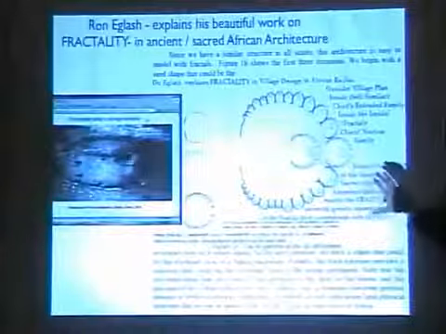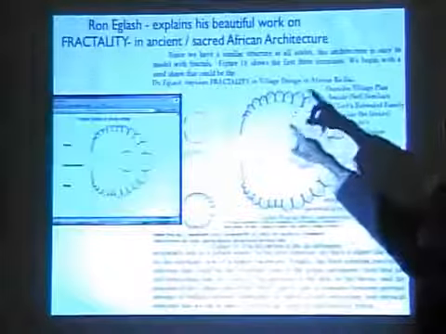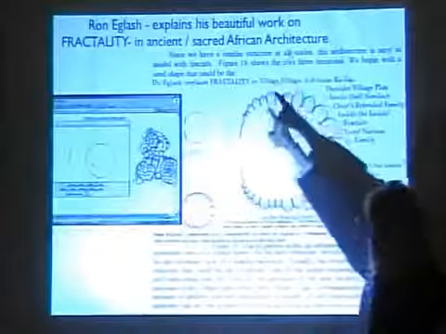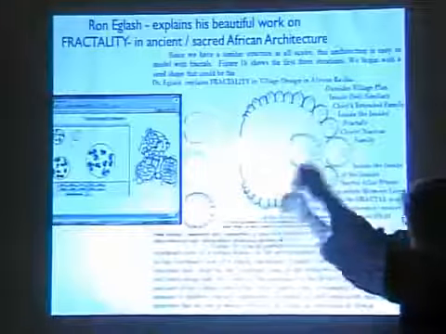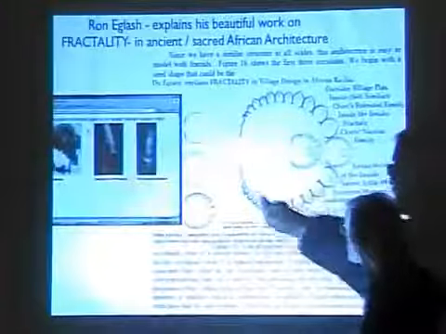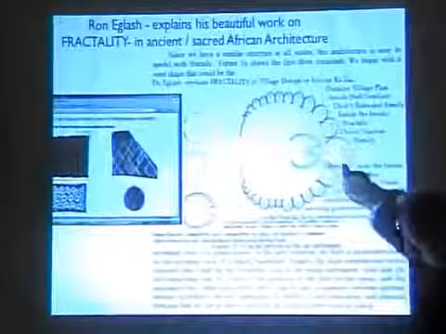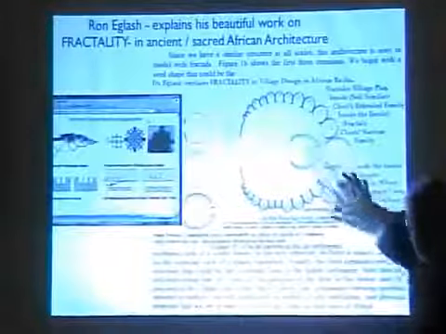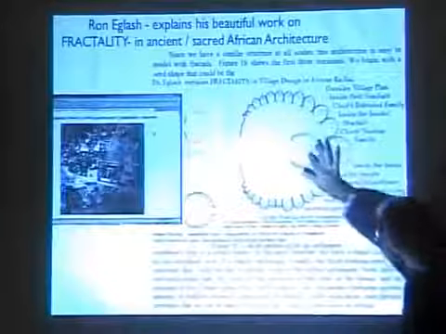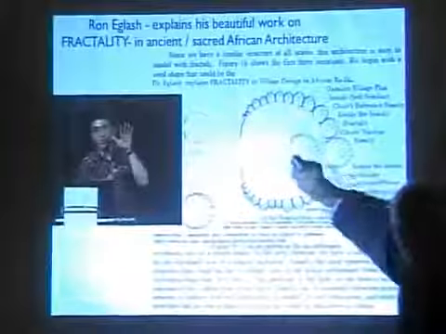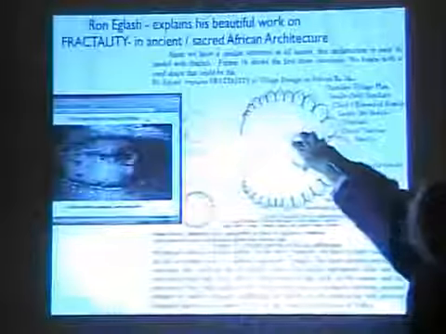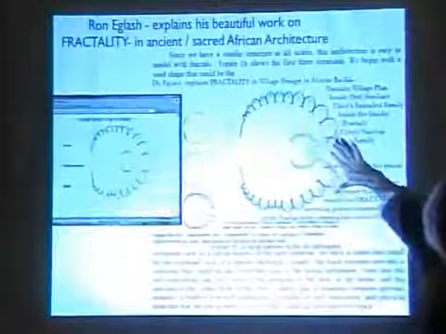This I would like to talk about. This is Ron Eglash, who's a famous professor who teaches about fractality in African architecture. Now what he noticed is the shape of the village is the same as the shape of one house in the village. And the shape of the altar in the house of the shaman chief of the village, here's the house of the shaman chief of the village in the fractal of the village.